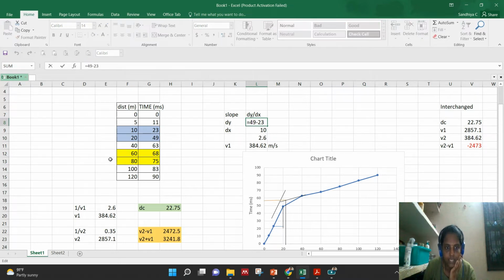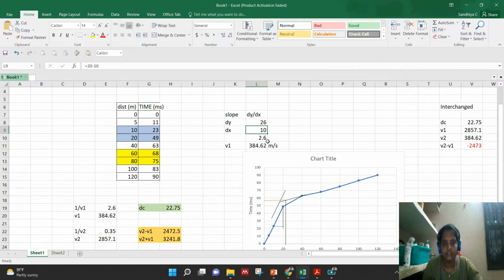Dy is the y value difference and dx is the x value difference. Dy by dx, this dx is in millisecond. So in order to convert that into meter per second, see, this is in the denominator, so it is 10 power minus 3 in the denominator.